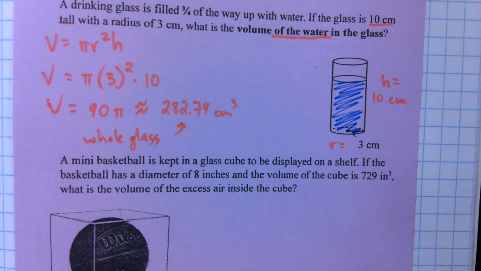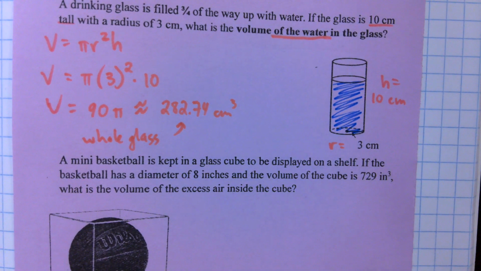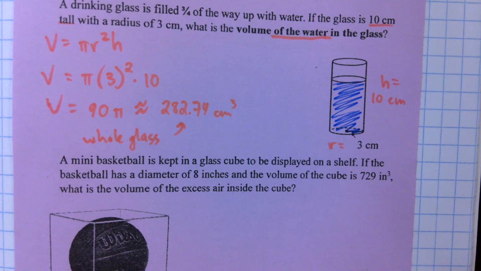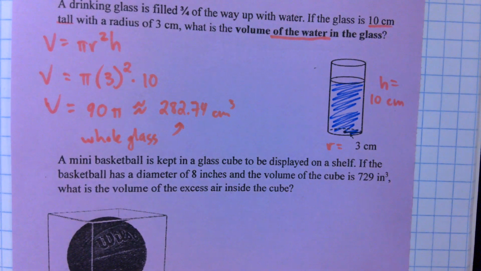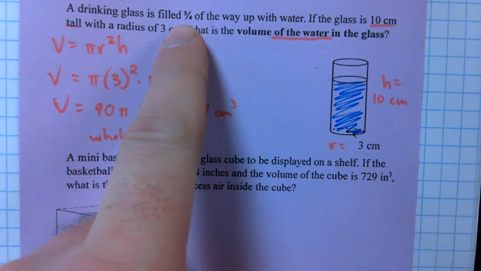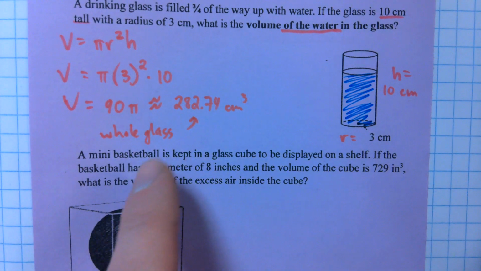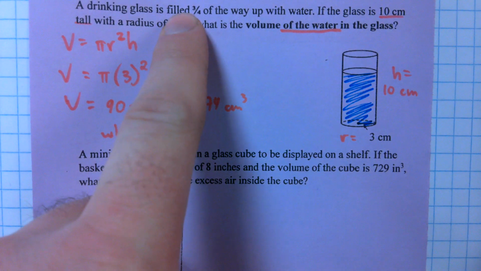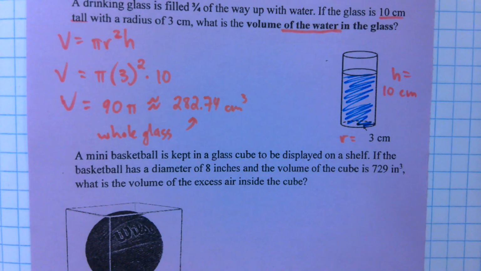What is the volume of the water? Well, how can we now figure out what the volume of just the water is? Any ideas? Well, how full is the glass? Do we know that information? It's 3/4 of the way filled. So if the whole volume is this gross number, the water makes up 3/4 of that gross number. How can we find the volume of the water?